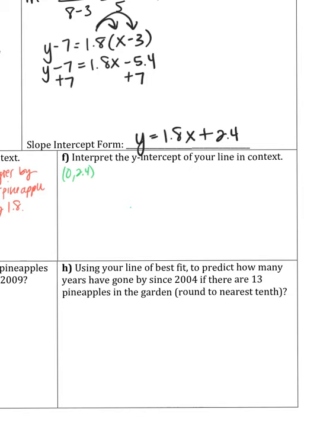So this tells me in 2004, there were 2.4 pineapple plants. And remember, your y-intercept is often referred to as your initial value. So this is what we started off with in year 2004.